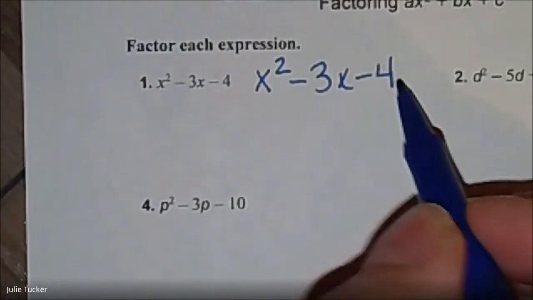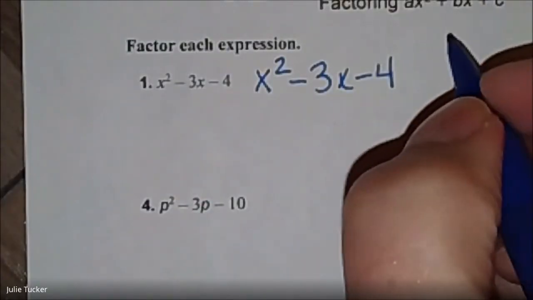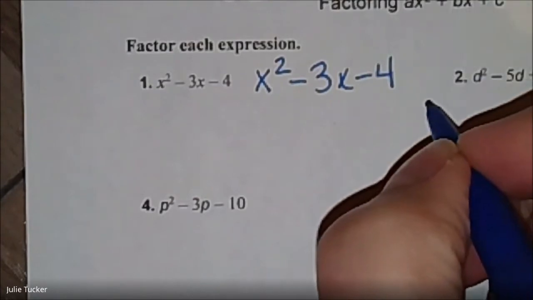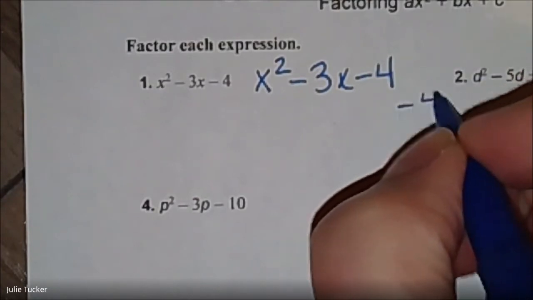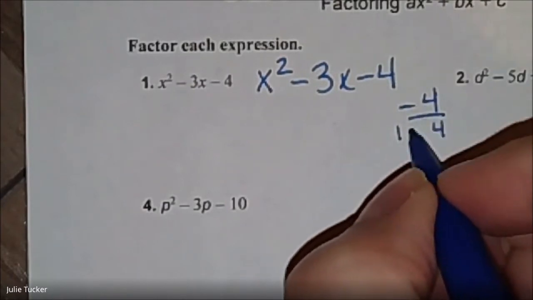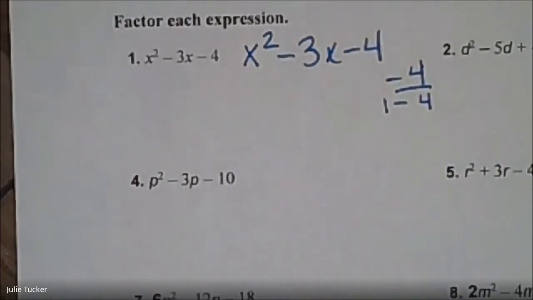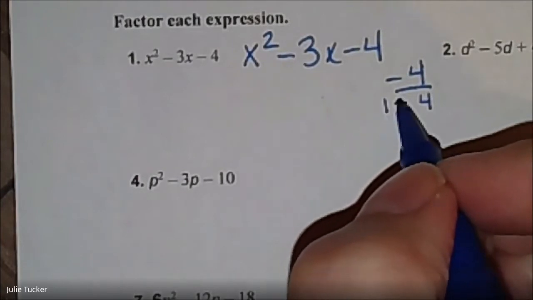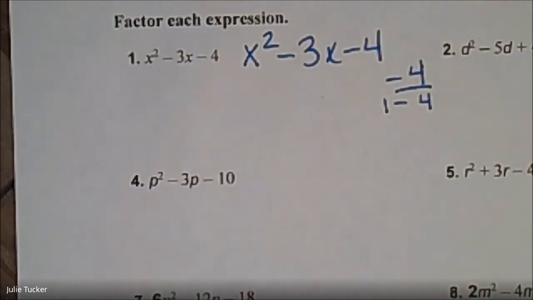So the last term is -4. So that means -4 has to be factored. So -4 has factors of 1 and 4, and I'm going to subtract them. What's 1 minus 4? -3, right?